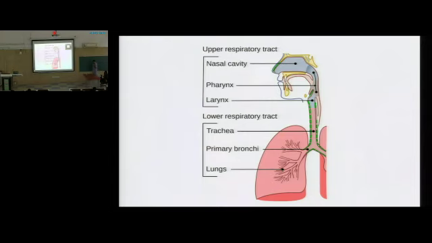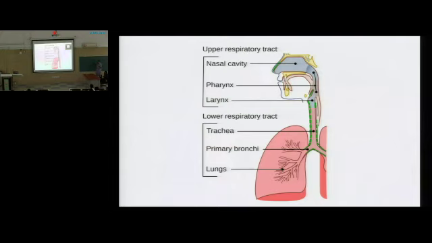So what is the concept of lobar pneumonia? As we know, this is the right lung and this is the left lung. In the right lung, there are 3 lobes, and in the left lung, there are 2 lobes. One lobe is lingular.